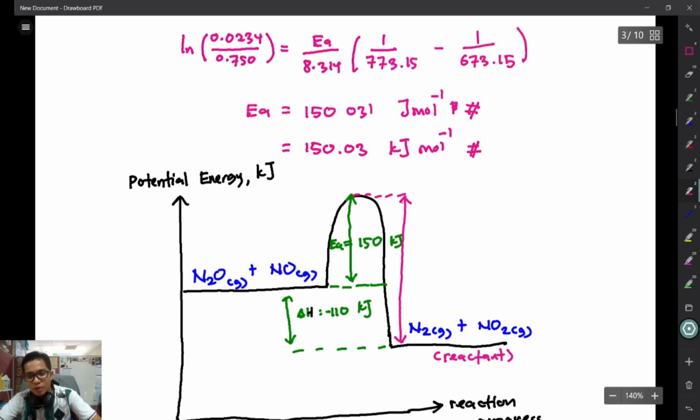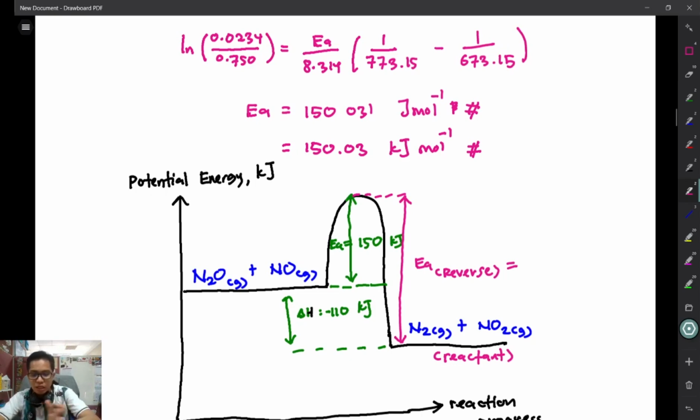So this will be our Ea reverse. From visual alone, you can see that the value of Ea should be the total of 150 plus 110, because the reverse reaction is endothermic.